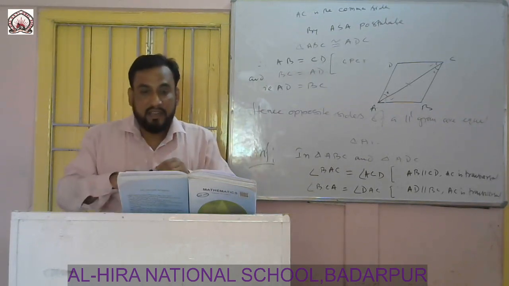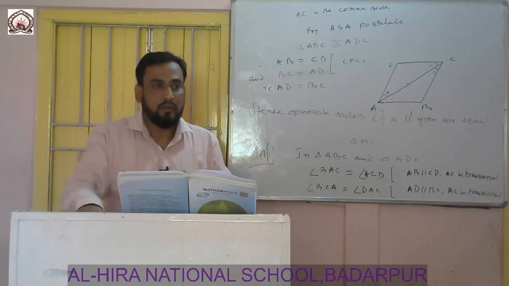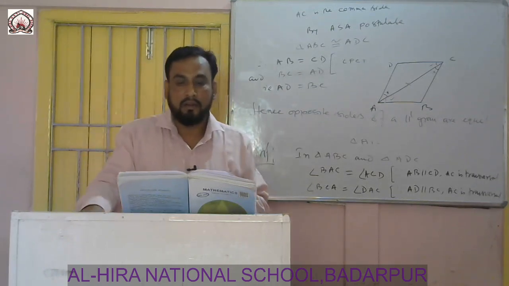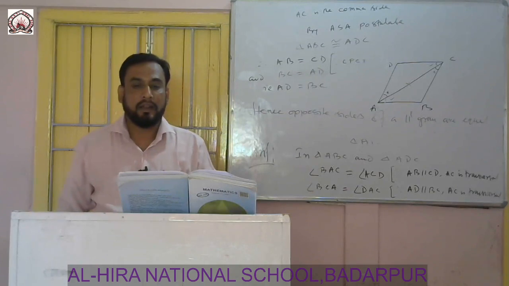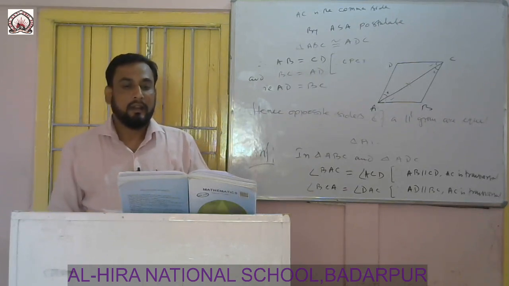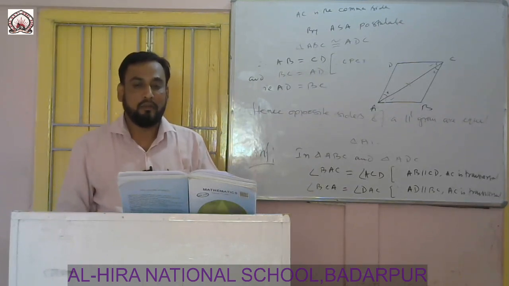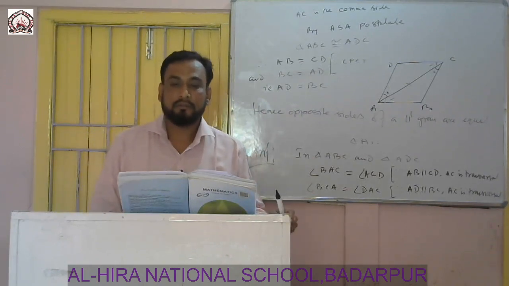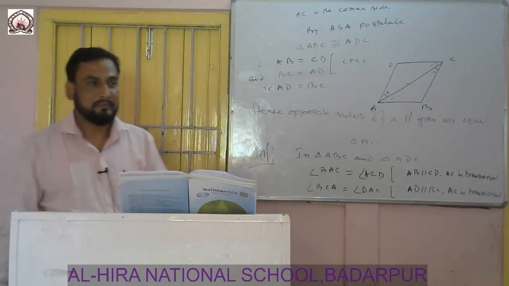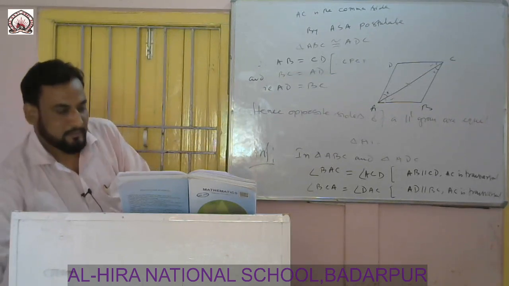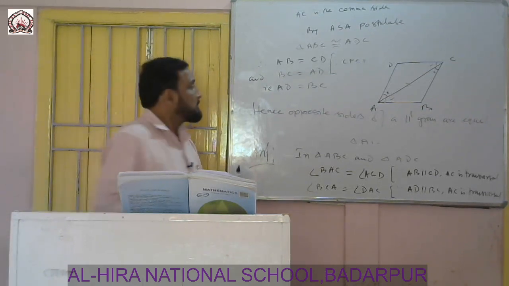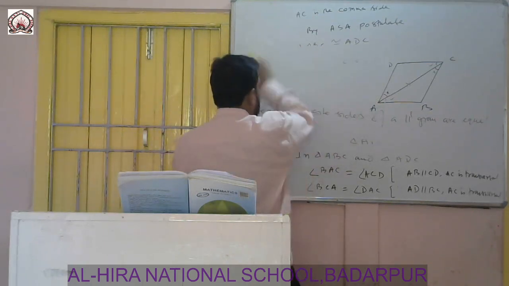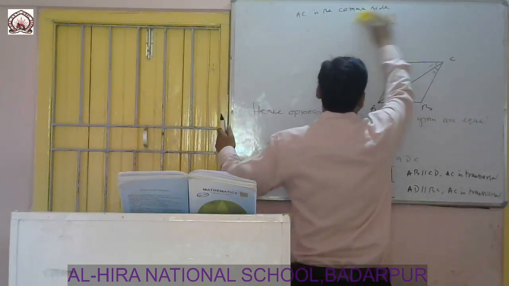So what is given here? One quadrilateral is given, and we have to prove that its opposite sides being equal makes it a parallelogram.